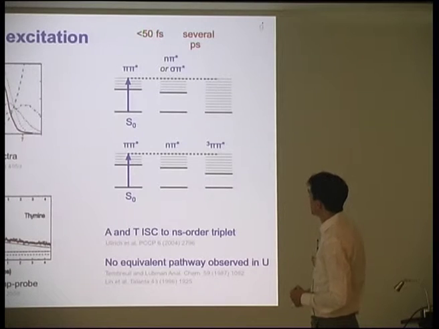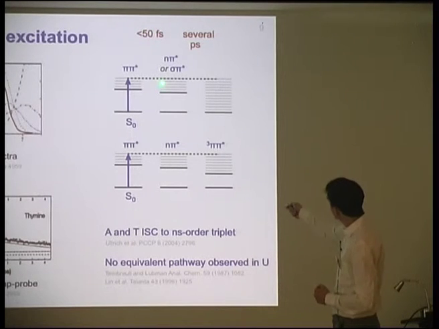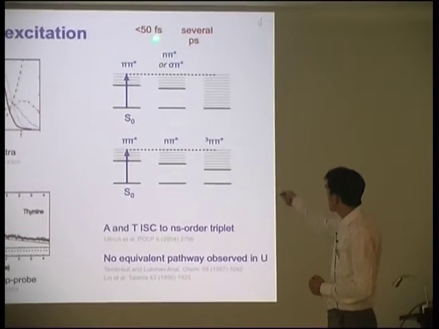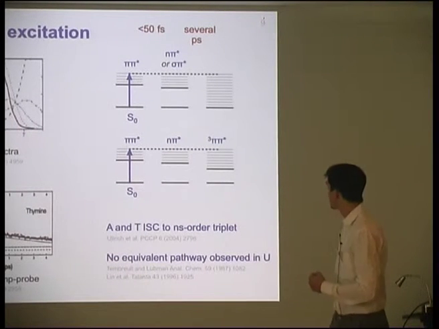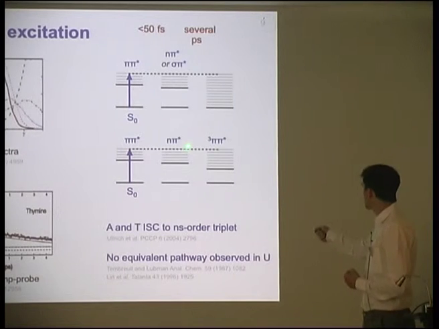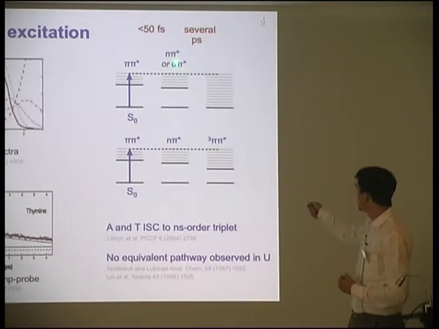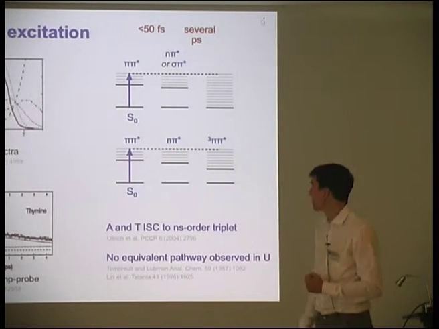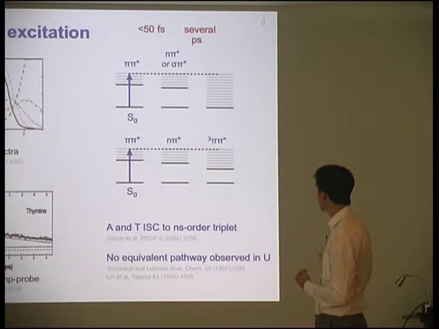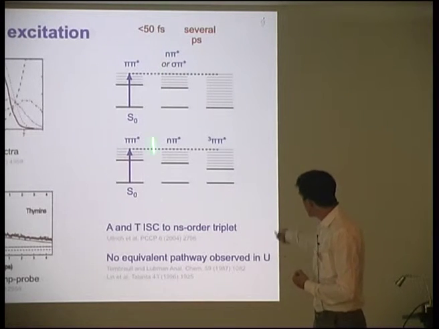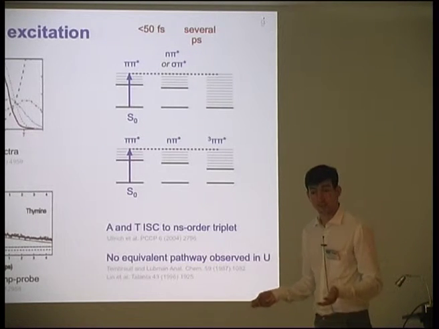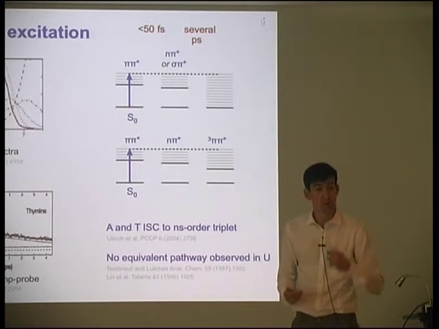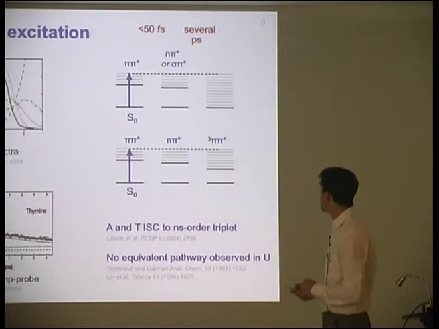After tens of femtoseconds, you have relaxation into an intermediate state, which also has singlet character. For different molecules, that has mainly n pi star or sigma pi star state character, and it remains in these intermediate states for a number of picoseconds. In this case, we can ionize in our experiment, so we can probe that excited state.